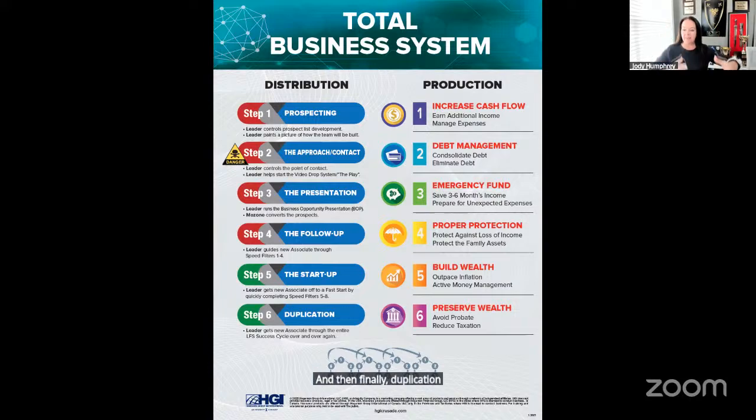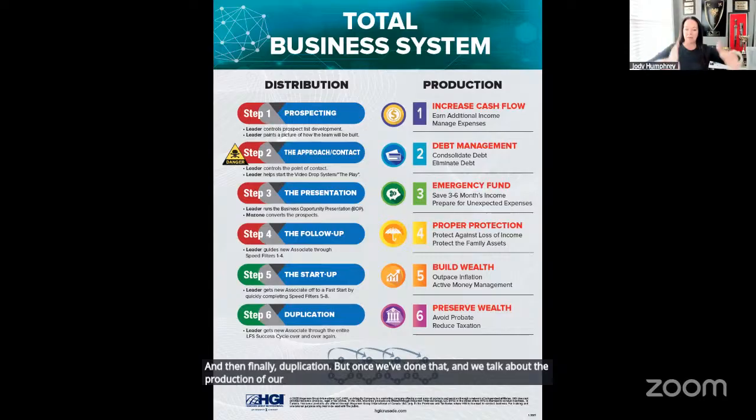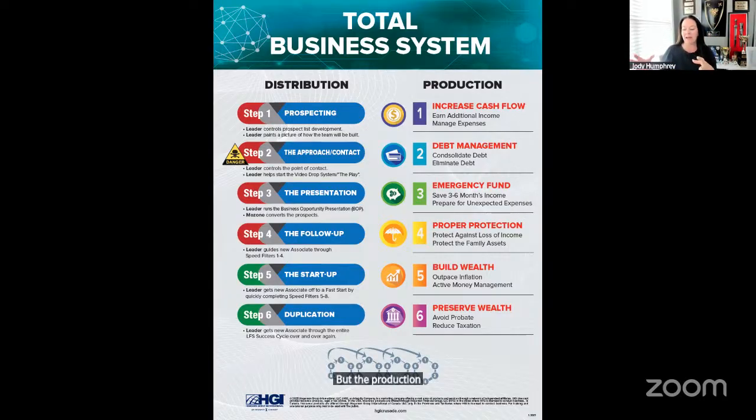But once we've done that and we talk about the production of our business, right, that group helps us move our products. But the production of our business is what we actually do with our clients. So those 6 areas are simply increasing cash flow, debt management, emergency fund, proper protection, building wealth, and preserving wealth.